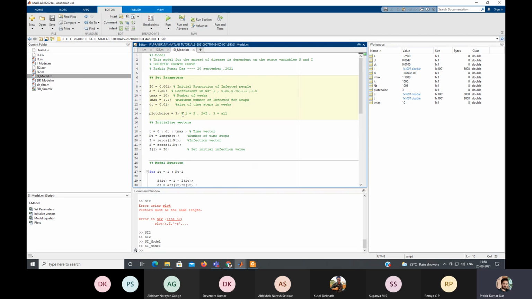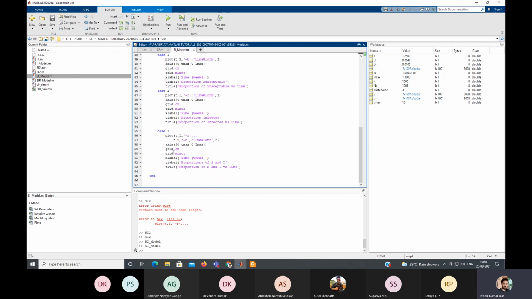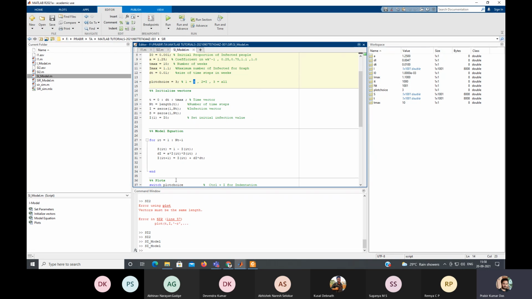And we plot it. Plot choice 1 is for only S variable; if we want to plot the I variable, it should be 2, and if we want to plot both S and I, then we make it 3. So now everything is similar, and here is the plotting.